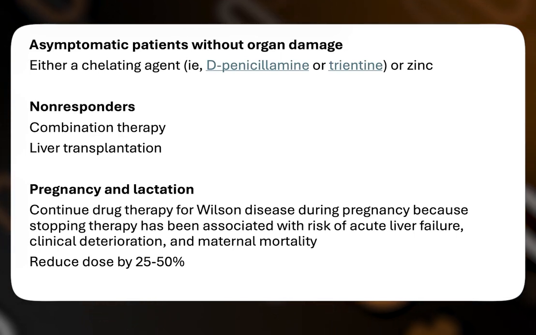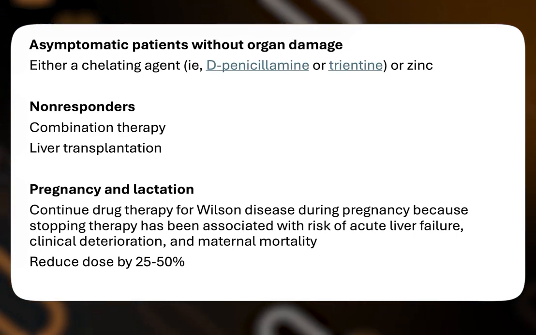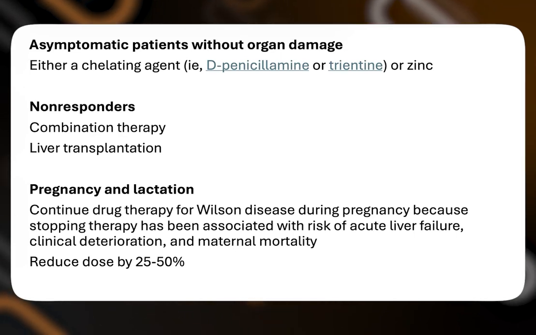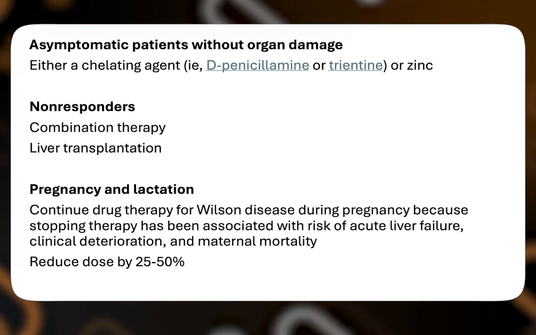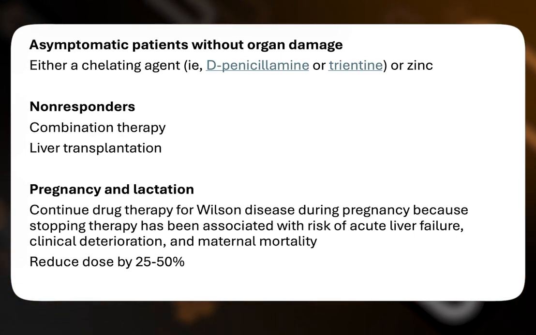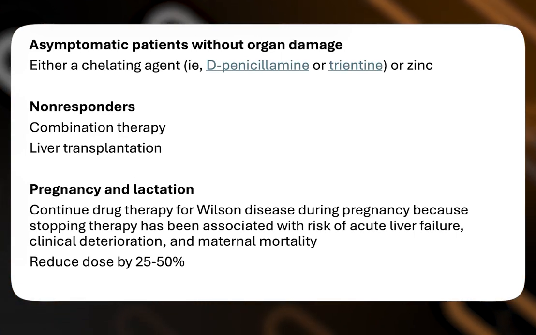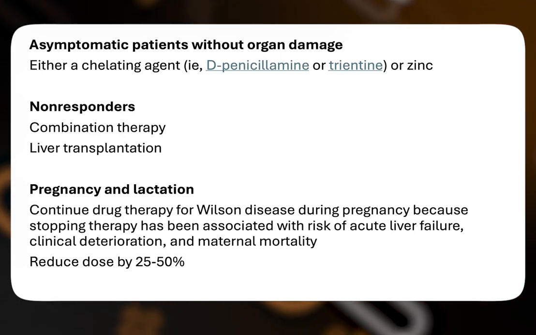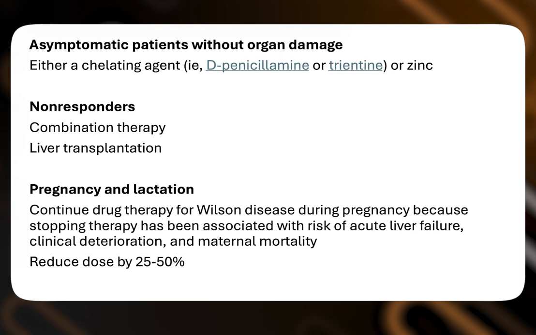Zinc also helps and is equally efficacious if you want to avoid the toxic D-penicillamine in asymptomatic patients. When patients are non-responders, you can combine all three. And if that fails, then liver transplantation is the only cure for non-responders.